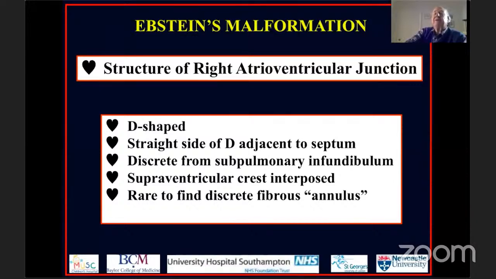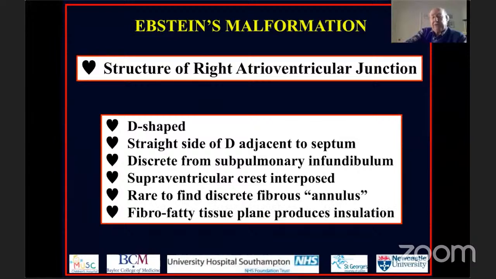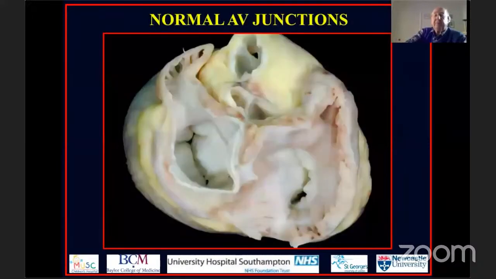Now, I've already emphasized for you the presence of that fibroadipose tissue within the right atrioventricular junction, because although much is written about an annulus, in fact, there is very little fibrous tissue that supports the hinges of the tricuspid valve, and it is fibroadipose tissue, for the most part, that produces the essential insulation between the atrial and ventricular myocardial masses.